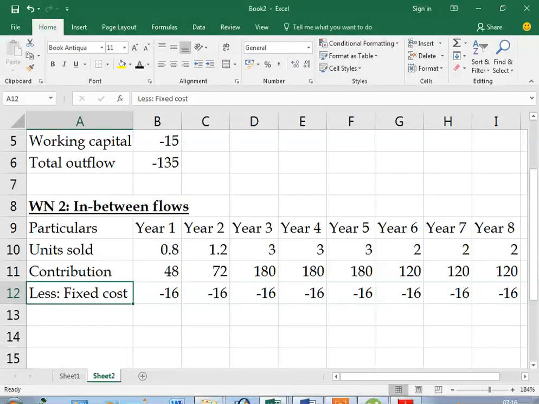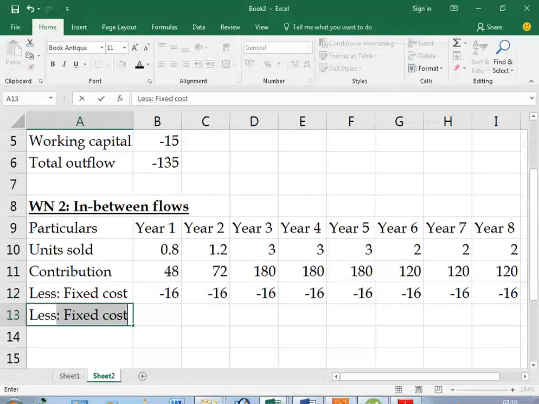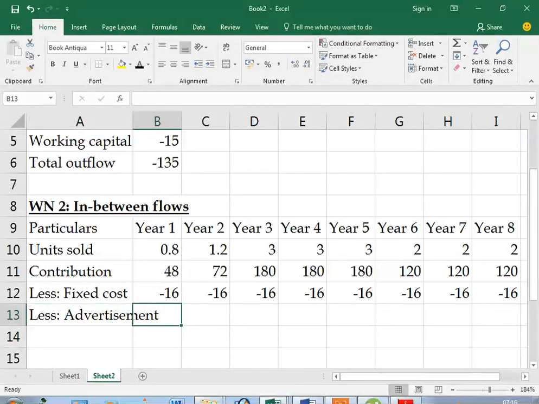What's the number after fixed cost? Less, what else is there? Advertisement. Less advertisement. What other figure is there in the question?